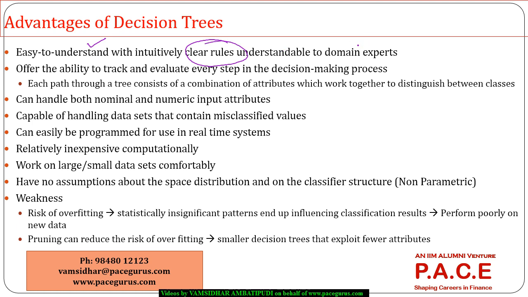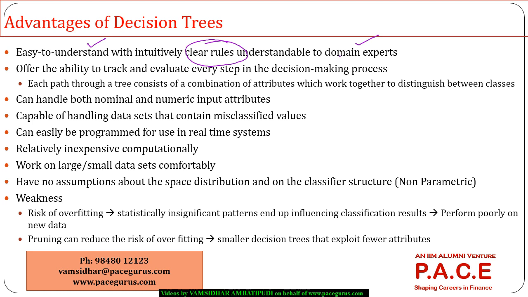So I don't need to be a statistician to understand the rules. My domain knowledge is sufficient to understand the different rules that are used for the selection of a particular class or for doing some kind of prediction of a numerical value.